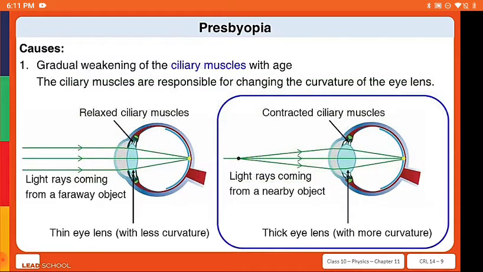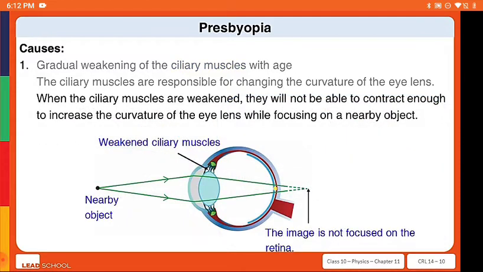Let us understand how the weakening of ciliary muscles causes a decrease in the power of accommodation. We know that the ciliary muscles are responsible for changing the curvature of the eye lens. When the ciliary muscles contract, the curvature of the eye lens increases and the eye focuses the image of a nearby object on the retina. Thus, one can clearly see the nearby object.